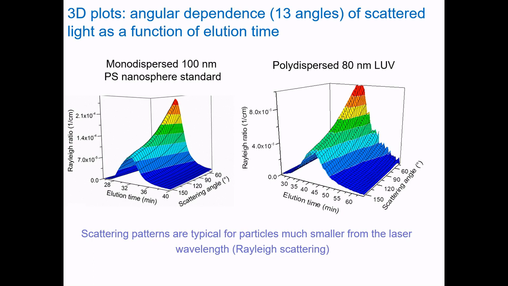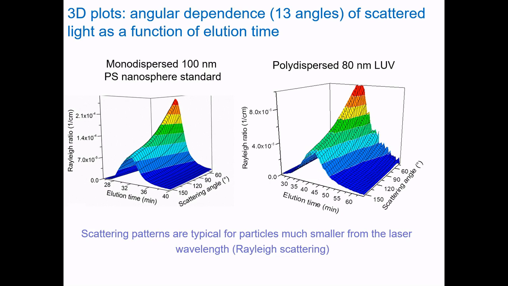For this reason, we constructed the so-called 3D plots, which represent the angular dependence of scattered light as a function of elution time. Light scattering patterns of small vesicles and lipid droplets are very similar to those of polystyrene size standards up to 100 nanometer in radius. In all these cases, the light scattering intensity continuously decreases with increasing observation angle in the whole range of elution times.